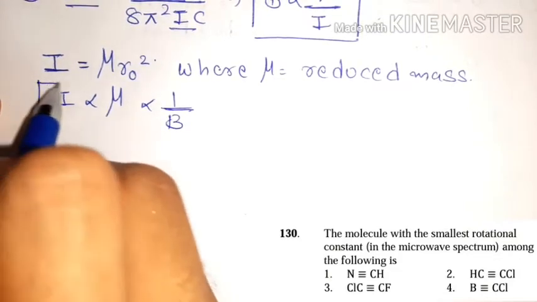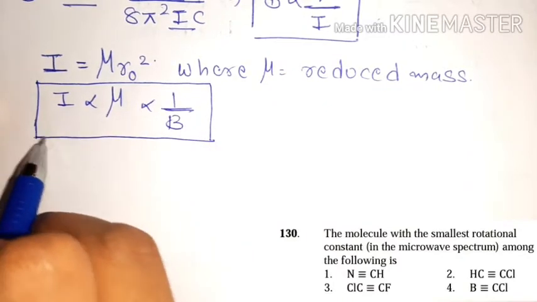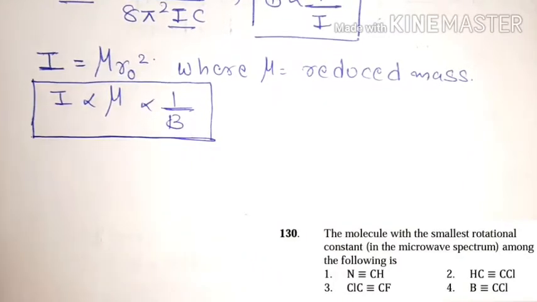So we conclude that the molecule which has the highest reduced mass will have the smallest rotational constant. The molecule with the highest reduced mass has the highest moment of inertia and its value of rotational constant will be smallest.